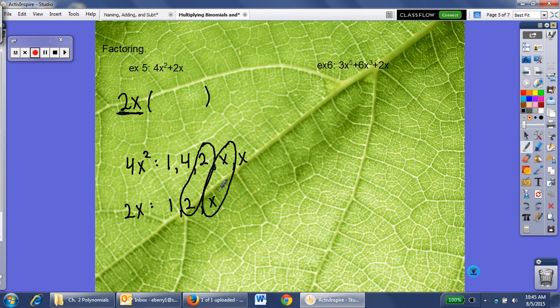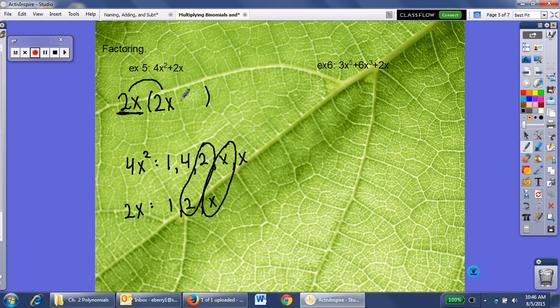So now let's see what's left over here. For 4x squared, I'm thinking 2x times something must give me 4x squared. This has to be a 2 because 2 times 2 is 4. And also another x because x times x will give me x squared.